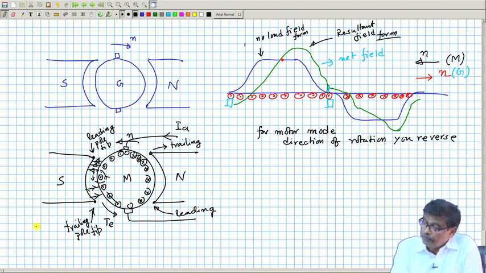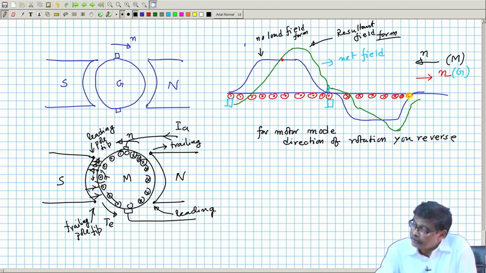So, in case of motor mode, you are sitting on the armature conductors, you are moving, this pole starts, south pole, and you find lines of force are concentrated here.